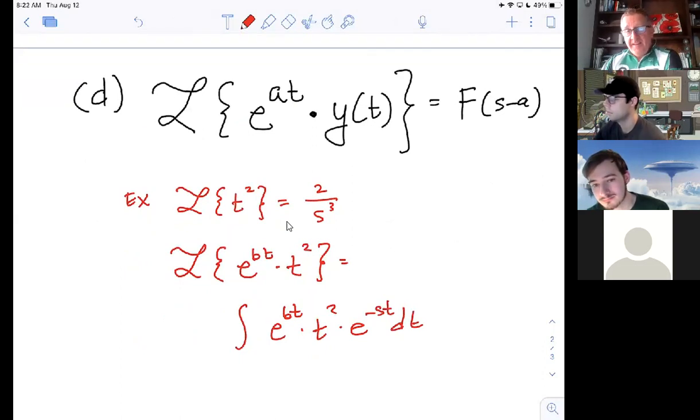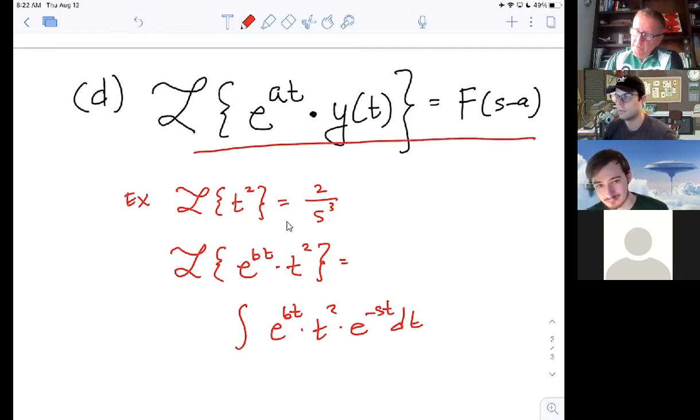But again, the fact that e to the 6t and the e to the minus st are both the same terms means I could really put them together and only have one e. And so if that's the case, based on what I just said up here, do you understand what that answer would be?